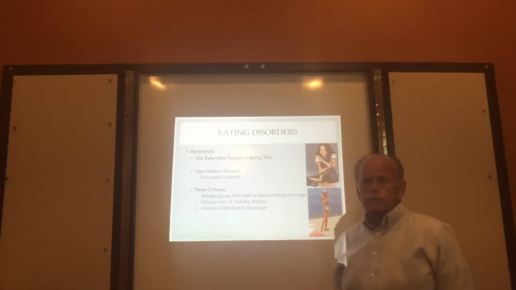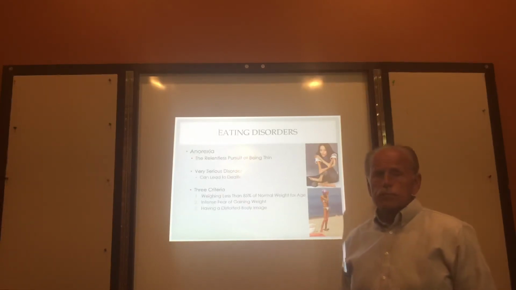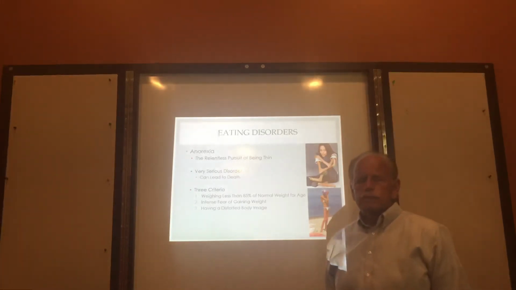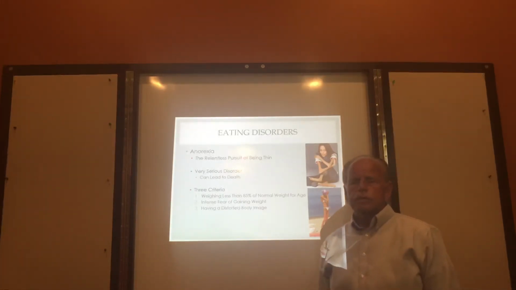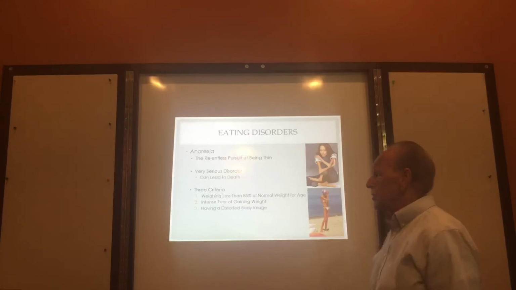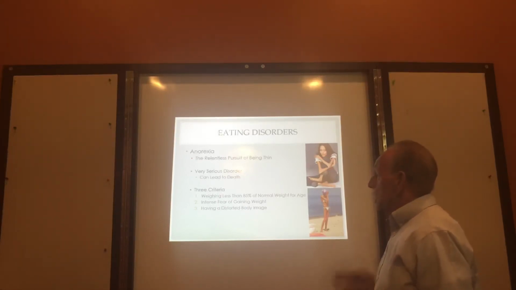Second, an intense fear of gaining weight, which means like a phobia. It's irrational. They just absolutely fear that they're going to gain any weight, so they're going to spend a lot of time tracking calories intake and then making sure they burn calories so that they do not gain any weight.